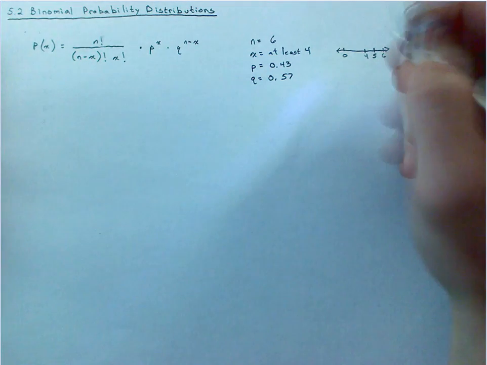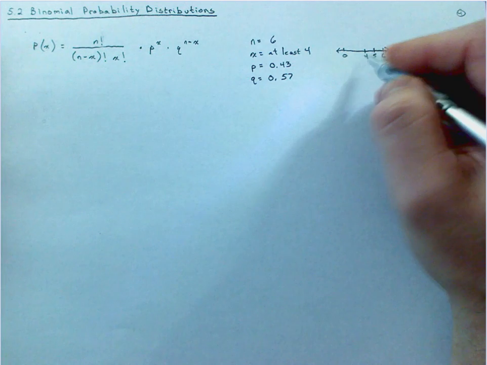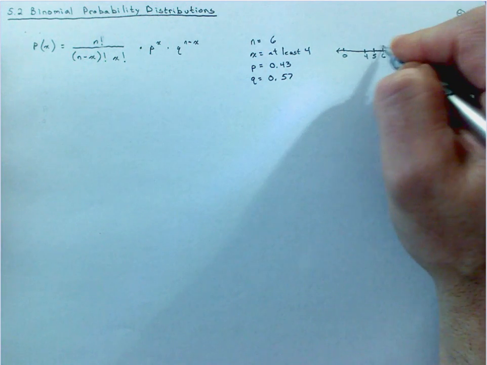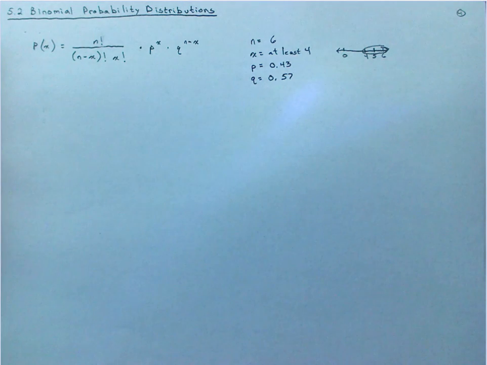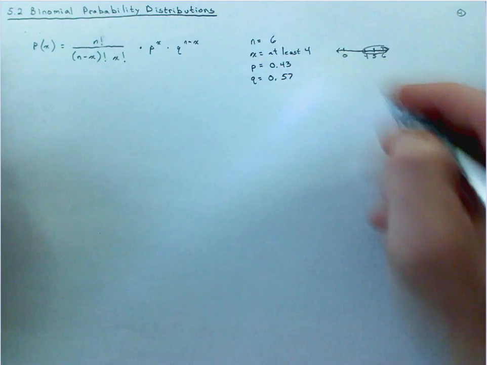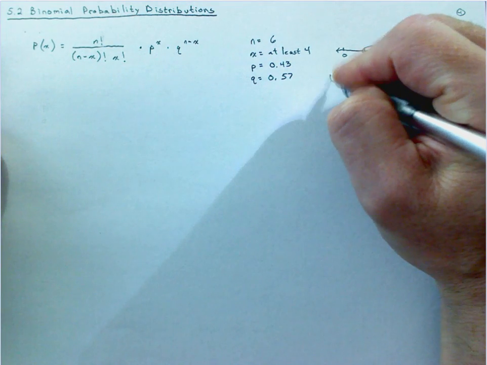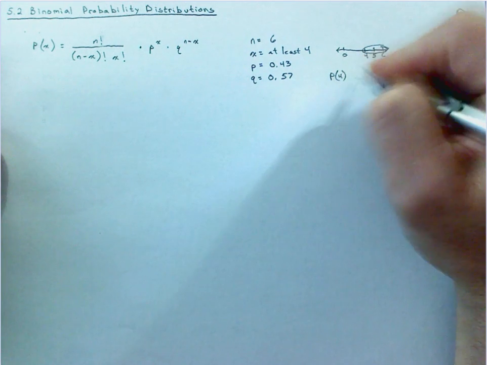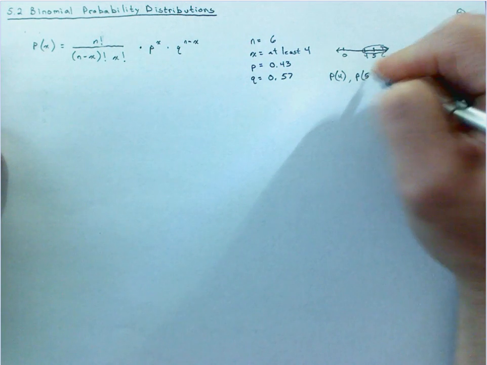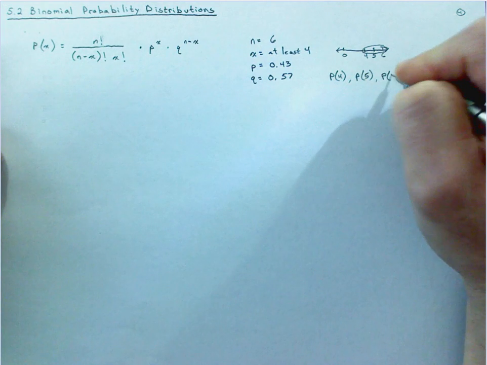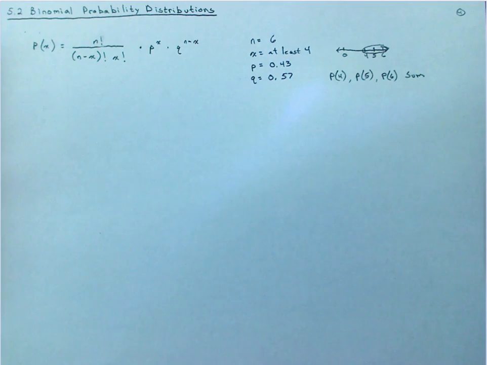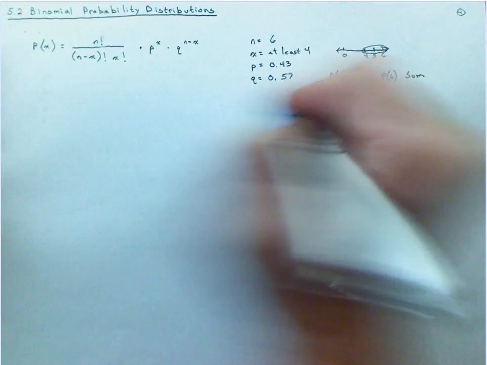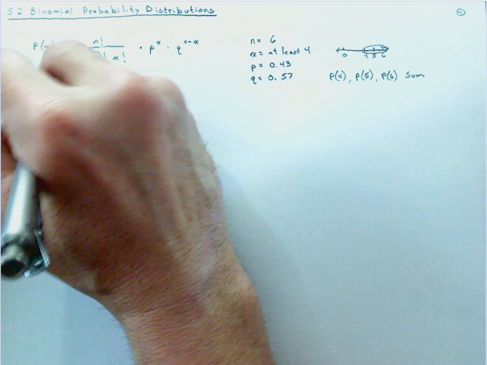I can eat at least 4 cookies, and 4 would be the minimum, so I can put 4, 5, and 6 right here. So what I'm going to do is find probability 4, probability 5, and probability 6, and sum them together.